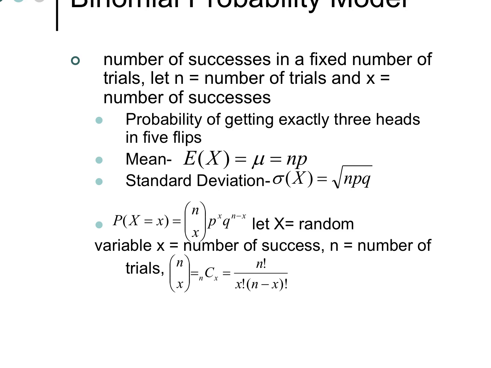How many different ways can you order those 10 songs on a playlist? The exclamation point means, like, 5 exclamation point is 5 factorial. That means 5 times 4 times 3 times 2 times 1. It's n times n minus 1 times n minus 2. So 5 factorial is 5 times 4 times 3 times 2 times 1.